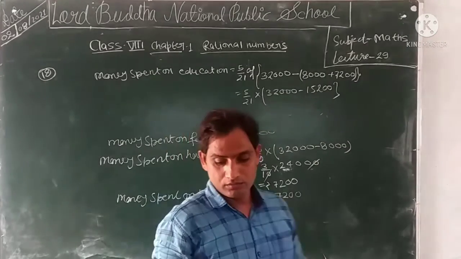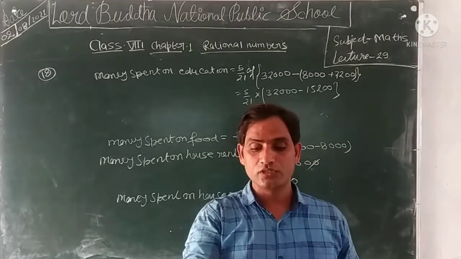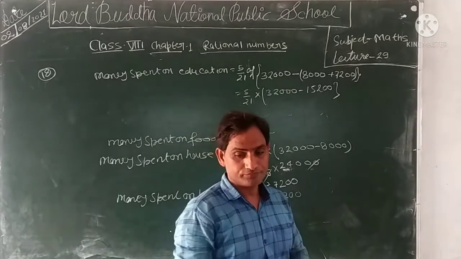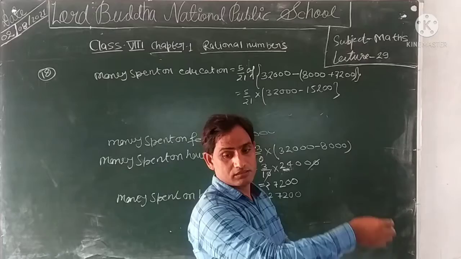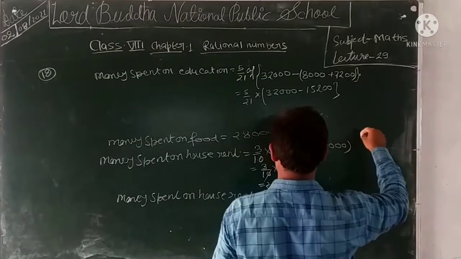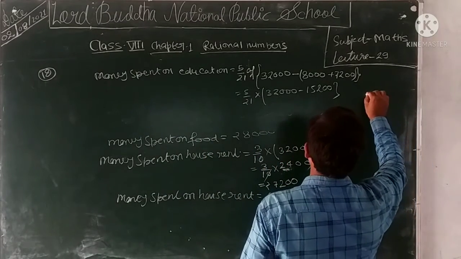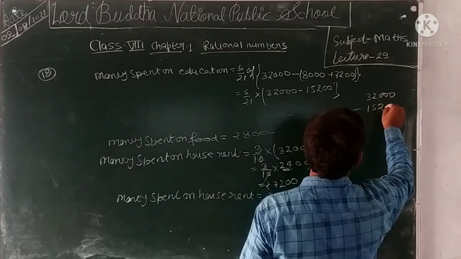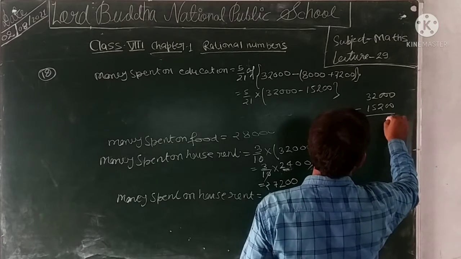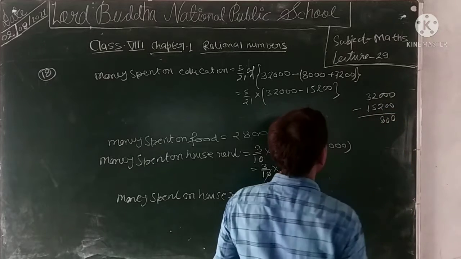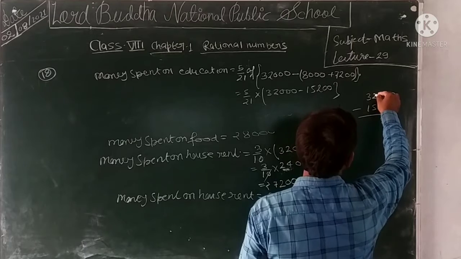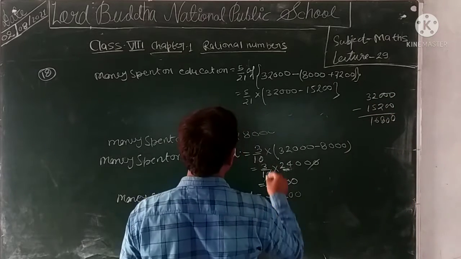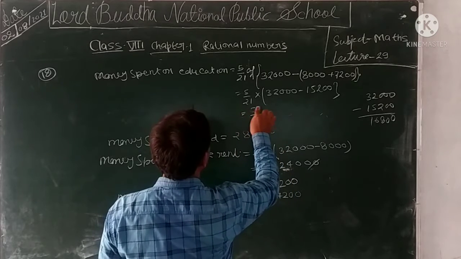This will be minus 15,200. Now we subtract: 32,000 minus 15,200. 0 0, then minus 2 is 8. 11 minus 5 is 6. 2 minus 1 is 1. 16,800.